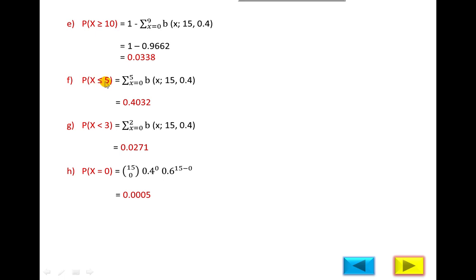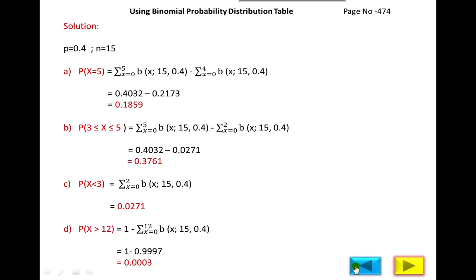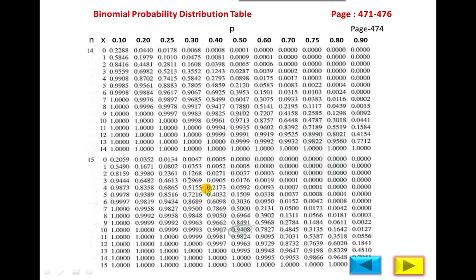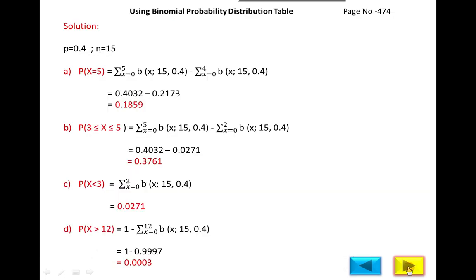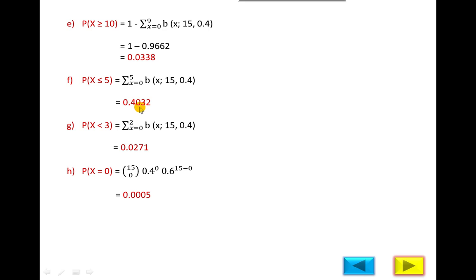Next condition, less than or equal to 5. At most 5 means from 0 to 5, so write directly 0.4032 instead of a lengthy calculation using the table. Less than 3 and fewer than 3 are both the same, so write directly the value of 2, which means 0 to 2.